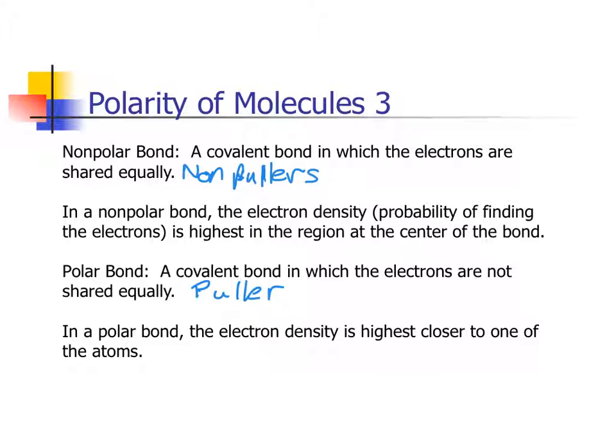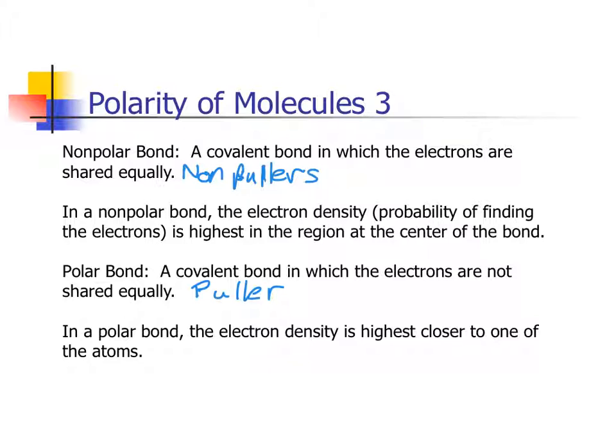That's a way to think about it, that not everyone shares really equally, and so that's where you get these polars. Another way to think about it is that trying to share the electrons is kind of a tug-of-war match. If both sides are equally matched in strength, that's the non-polar bond, and the middle of the rope doesn't move.